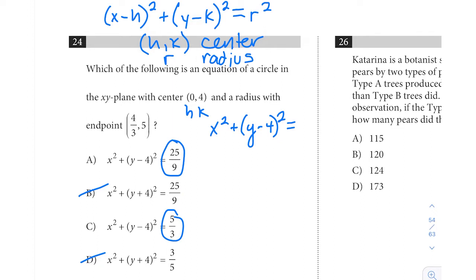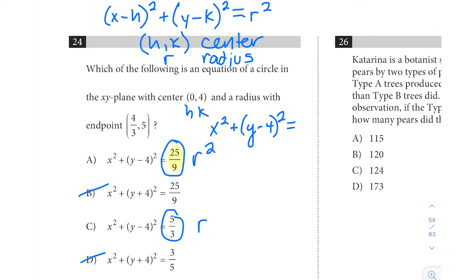If we're thinking like a savvy test taker and understanding the kinds of mistakes that the test makers might expect a student to make, this is likely going to be r and r squared, because a lot of times test takers forget to square the value of r. They go through all the hard work of finding it, but forget to square it.